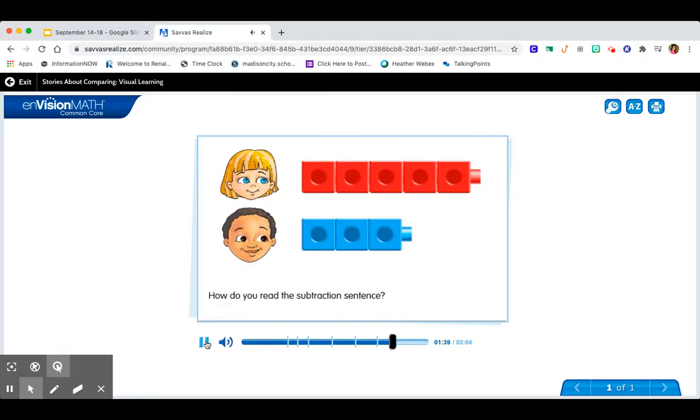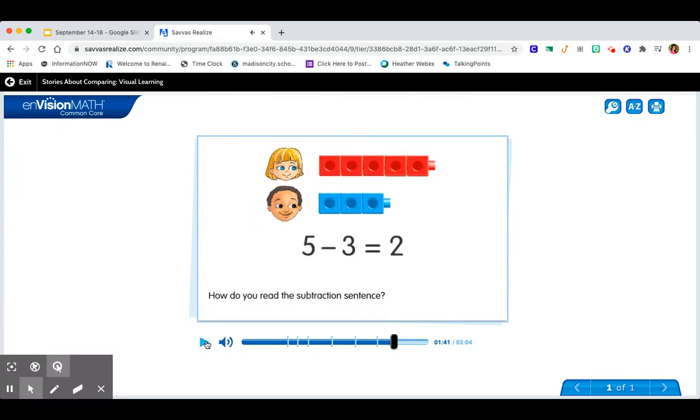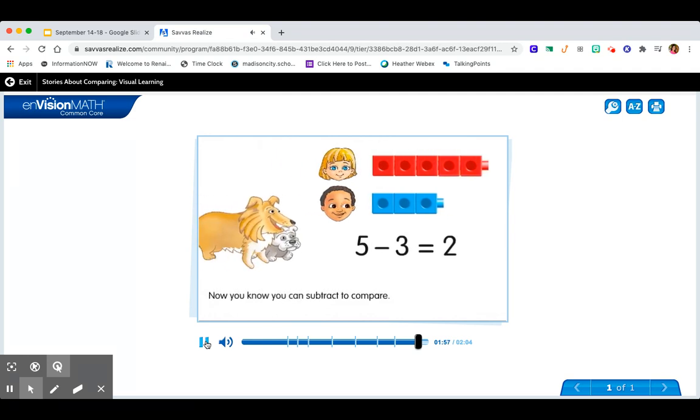How do you read the subtraction sentence? Okay. Let's read it together. 5 minus 3 equals 2. Rose walks 2 more dogs than Tom. Now you know you can subtract to compare.